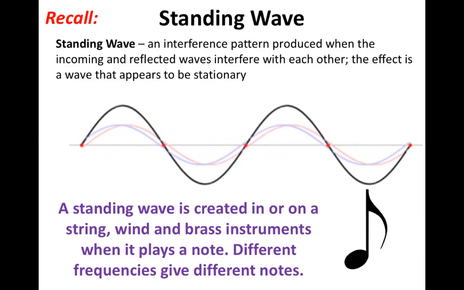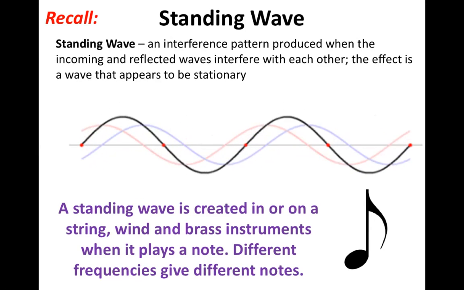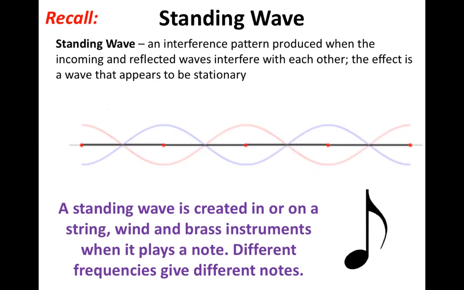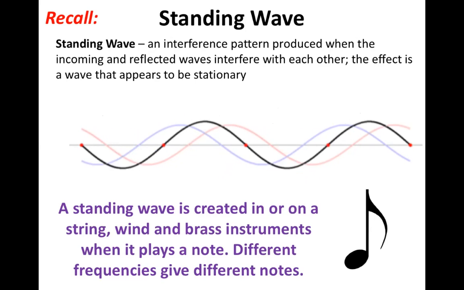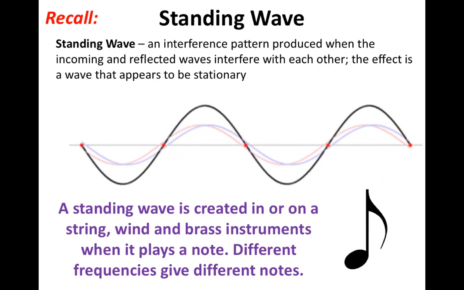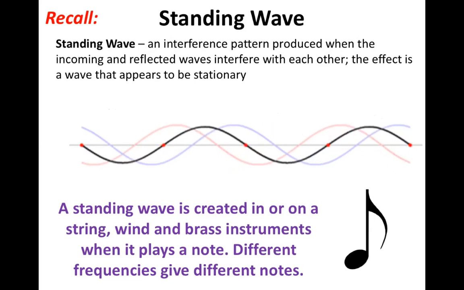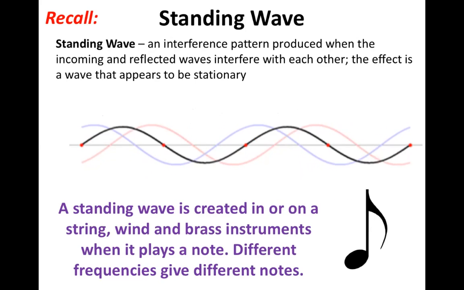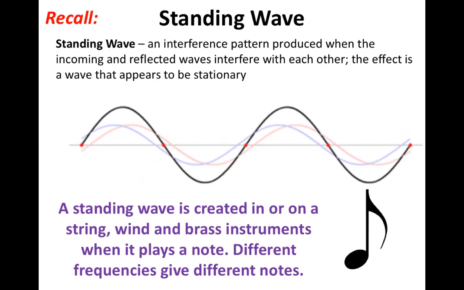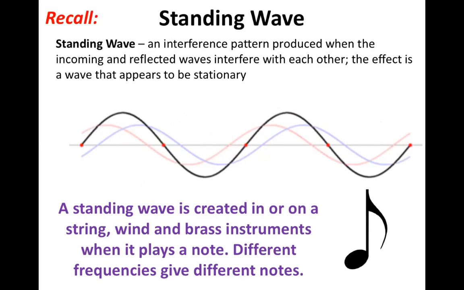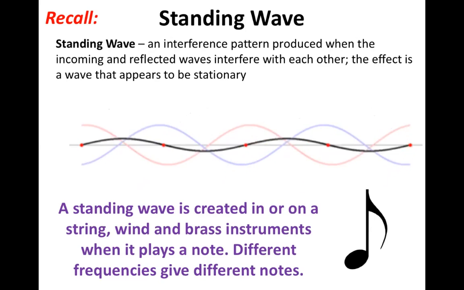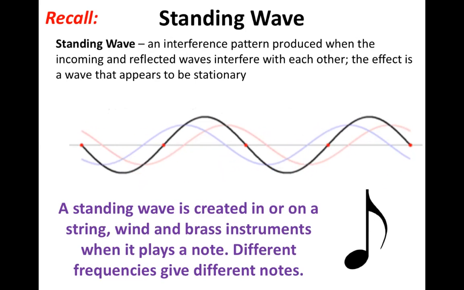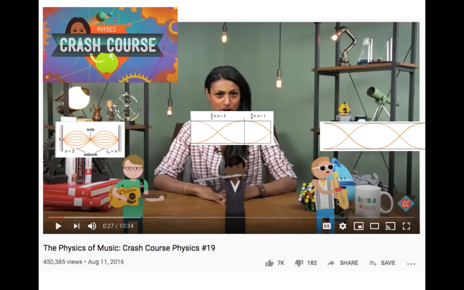So remember that we learned about standing waves. It's a special kind of wave that is an interference pattern produced when an incoming wave and its reflection interfere with each other. And the effect is that the wave appears to be stationary. And a standing wave is created in or on a string, wind, or brass instrument when it plays a note. And different frequencies give different notes. And recall how these standing waves actually look within the instrument.